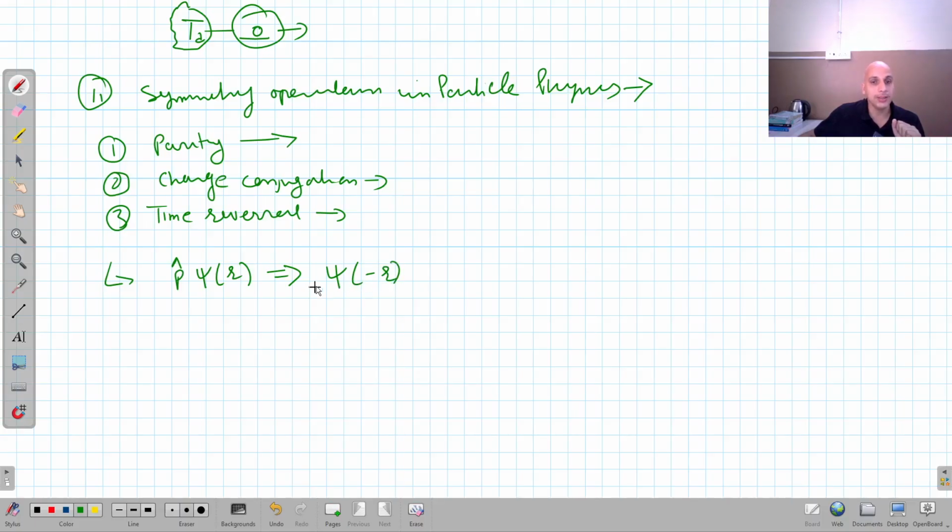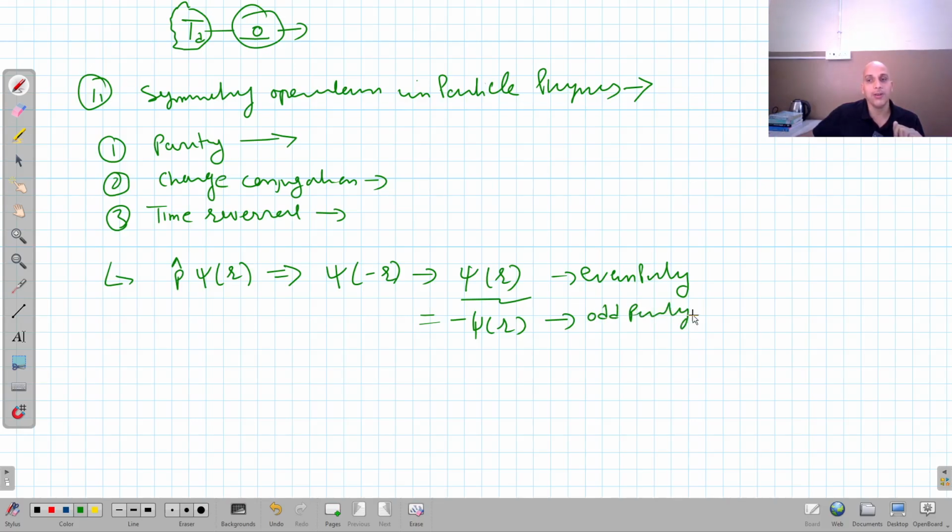Now when all the coordinates are changed, if the wave function remains as it is, equal to psi r, then we call the system to have even parity or positive parity. But if it becomes negative of psi r, the system changes its sign, then we call it odd parity or negative parity. We have learned all these things in nuclear physics. So this is about the parity operation.